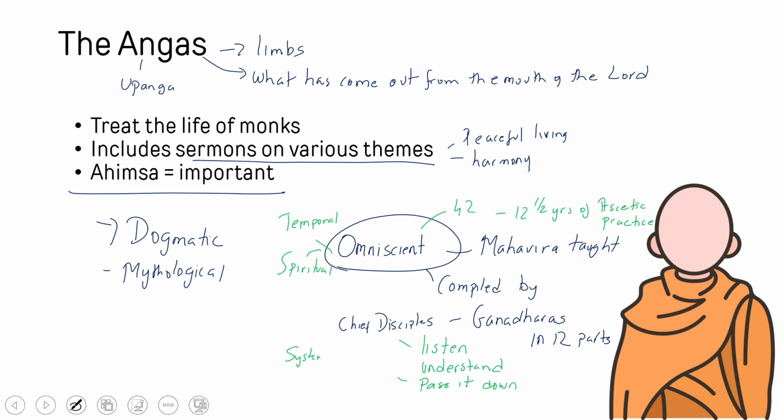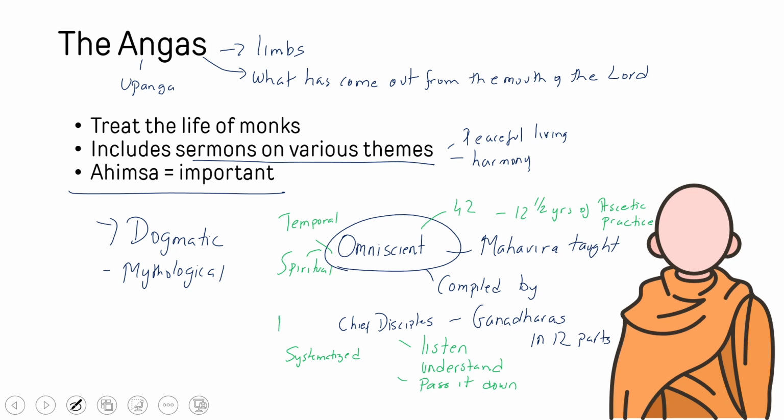Also, they systematized it. Because in those days when these great teachers taught, they may not have said, okay, today we'll deal with non-violence, tomorrow we'll deal with harmony. These things would have come in between their sermons. So it was their duty to say that he spoke about this the other day, today he has spoken about this, and they can be clubbed together. When we are teaching others, we teach it together. In this way they had a very big role to play.